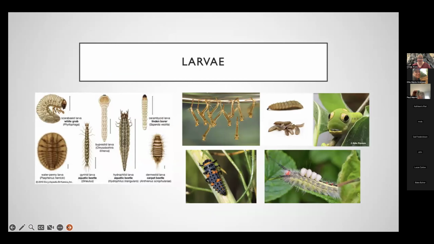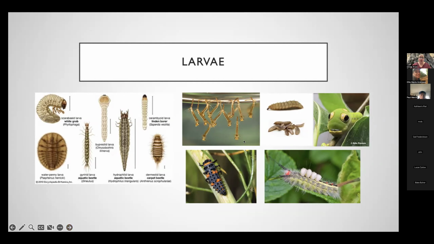Larvae can look very different. If you're dealing with an insect that develops by complete metamorphosis, the larvae can look nothing like the adult. They do look nothing like the adult. So for each species that you're dealing with, it's important to try to become familiar with what insect larvae look like for the different species.